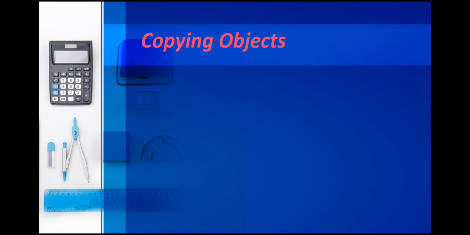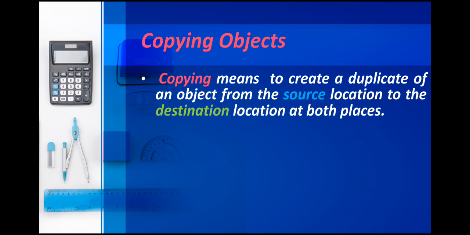Copying objects. What is meant by copying objects? Copying means to create a duplicate of an object from the source location to the destination location, so the picture exists at both places. Copy means to create a duplicate. In the moving option, what we notice is that the picture is erased from the source location and moves to the destination location.